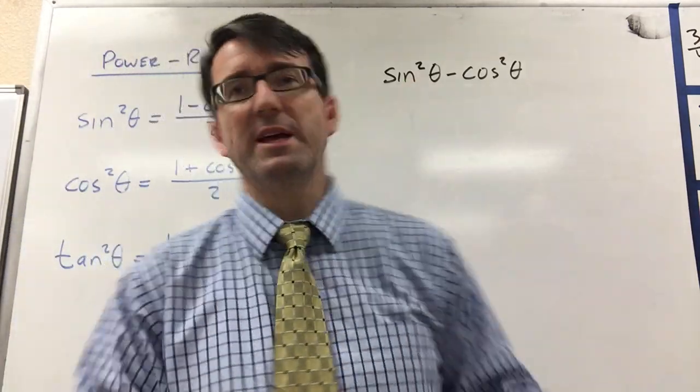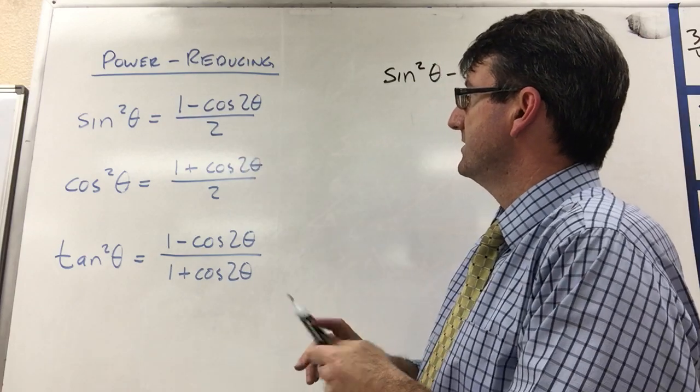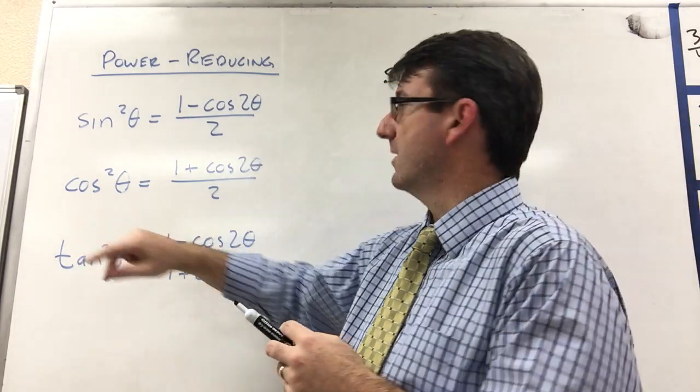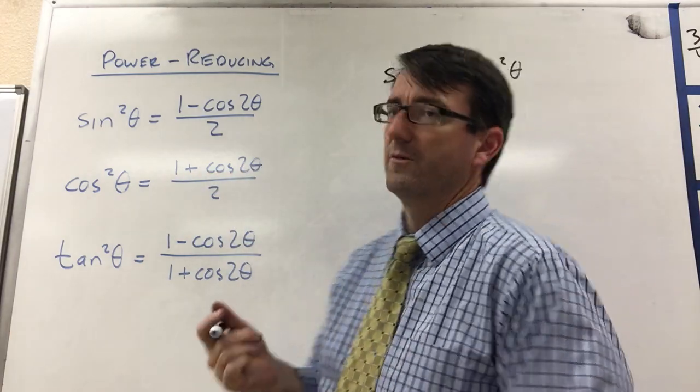So let's replace this sine squared theta with 1 minus cosine 2 theta over 2, and we'll replace the cosine squared theta with 1 plus cosine 2 theta over 2.